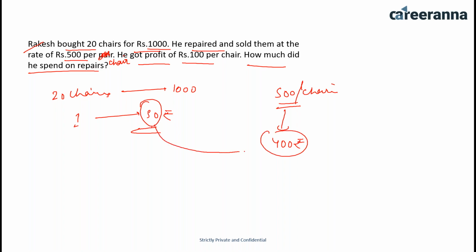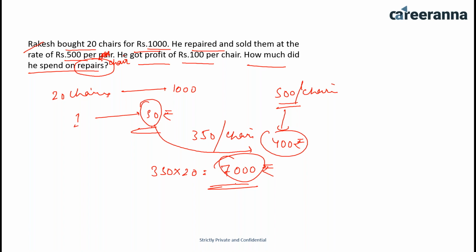That means what is the difference? 350 per chair. And if I multiply it by 20, because I have to find out the complete expenditure, it is 7,000. Is it clear? Any doubt?